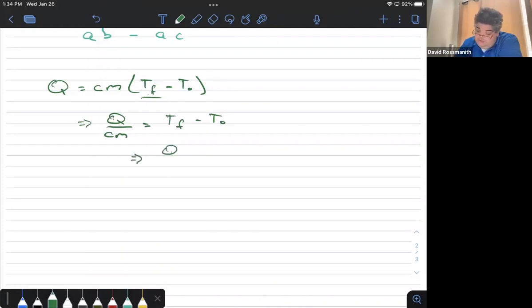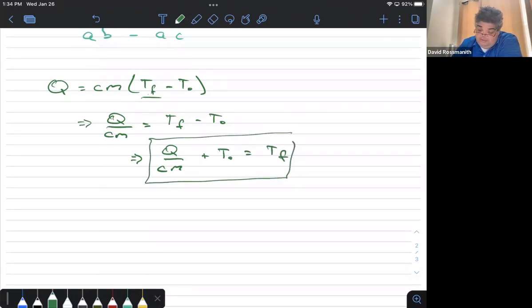So I get Q divided by C times M plus TO is equal to TF. Okay, and now what I've done is I've taken my original equation and I've solved for the thing I'm actually looking for in this problem, which is final temperature. At this point, now what I can do is plug all the numbers in. Say, well, the Q, I added 50,000.